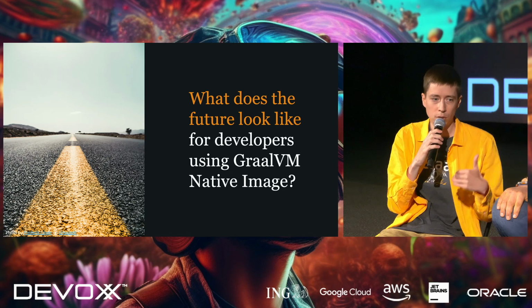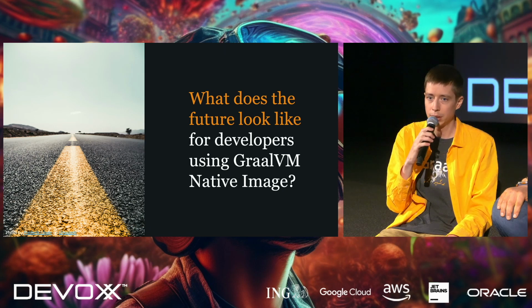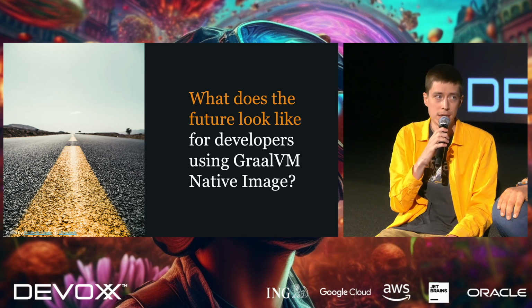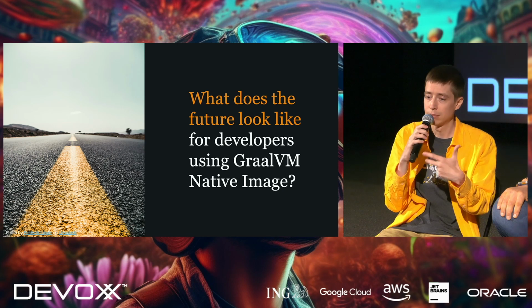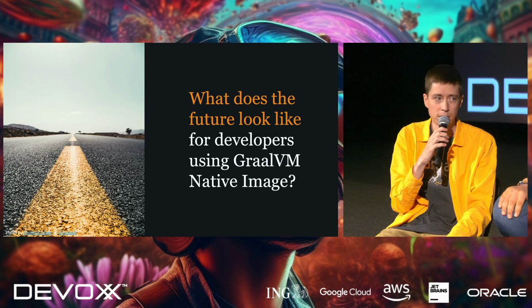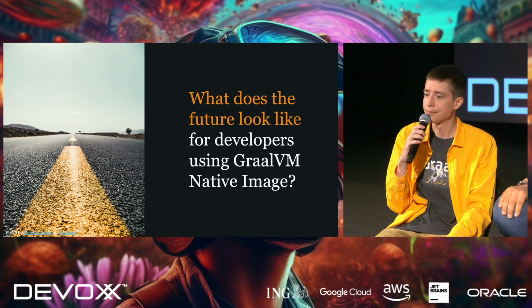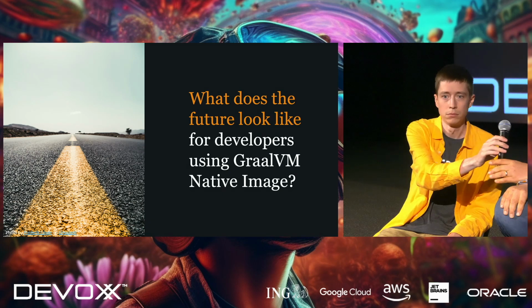Therefore, over time, it will be even easier to build native images. And with the layered native images, you can then do that also at development time. So one year from now, we're going to have quite a different story.